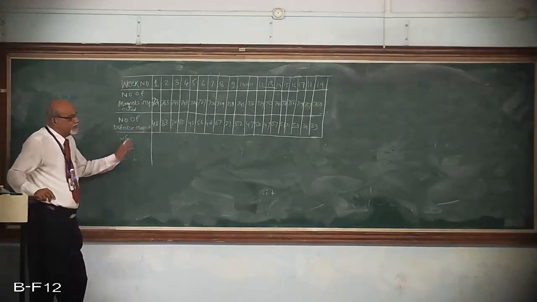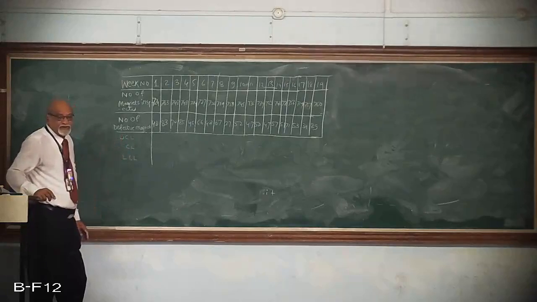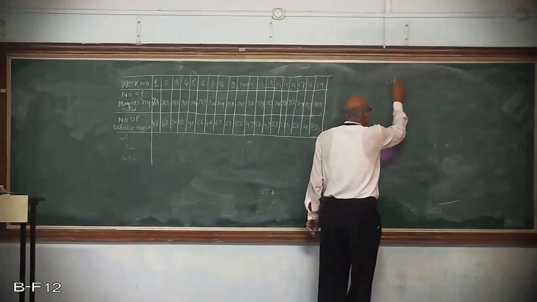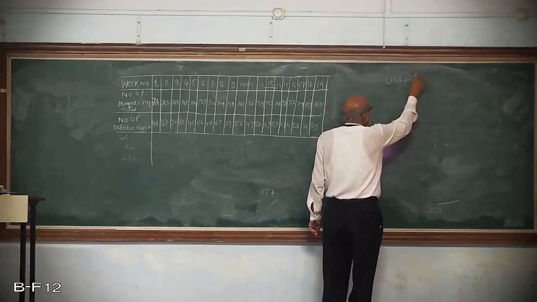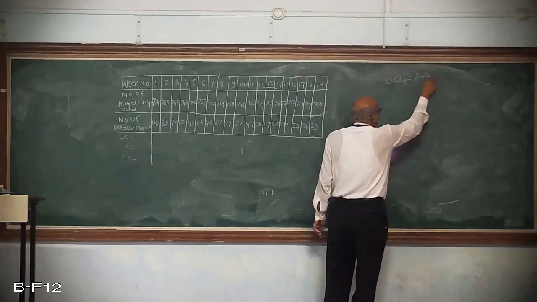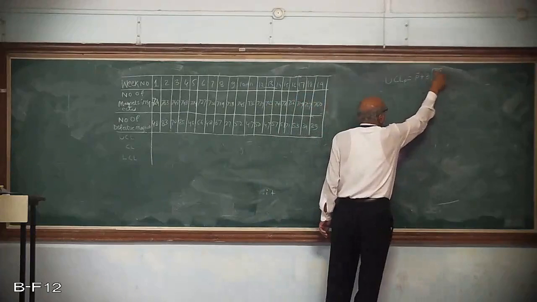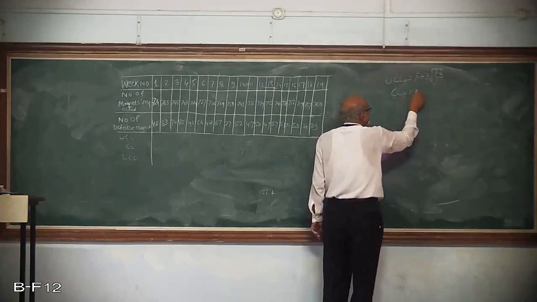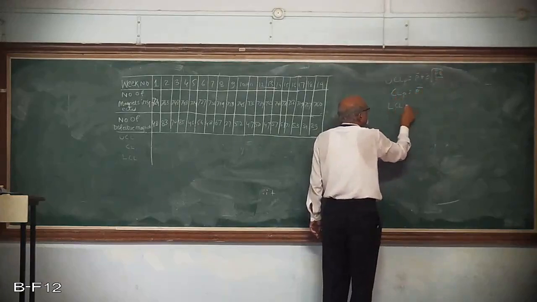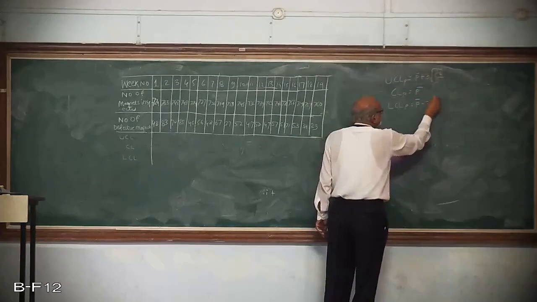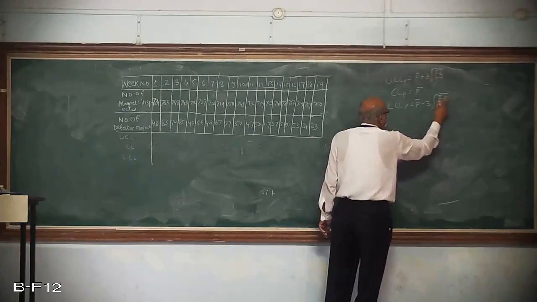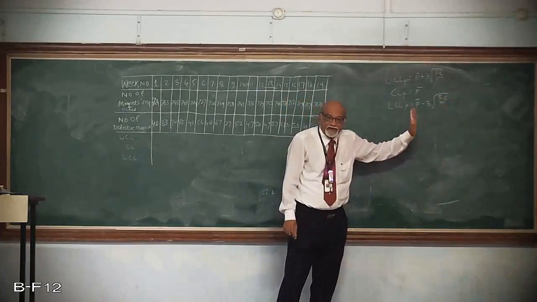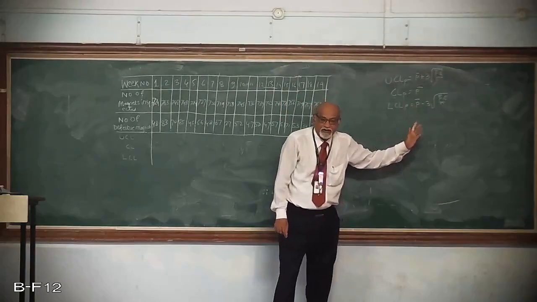Because already we have identified the equations. P chart is to be used, so the upper control limit of P chart is P bar plus 3 under root P bar Q bar divided by M. Central line P bar. Lower control limit P bar minus 3 square root of P bar Q bar divided by M. So in any case, I need to find out P bar, hence I can find out Q bar, and the other things can be worked out.